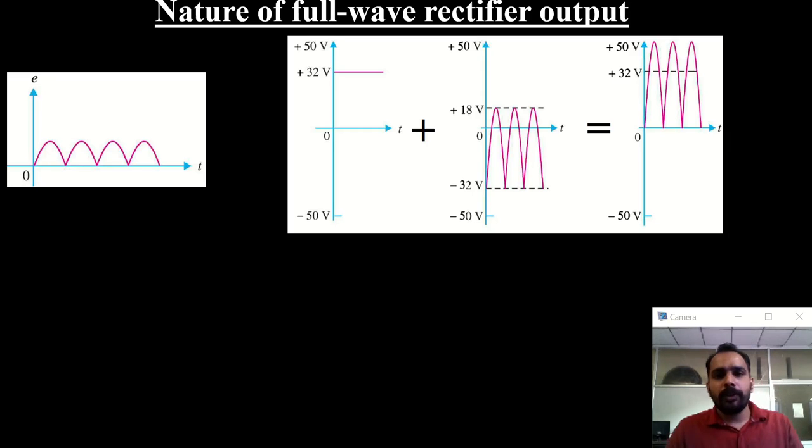In the last lecture we discussed half wave and full wave rectifiers, and we have seen that the output of a full wave rectifier has a pulsating character.